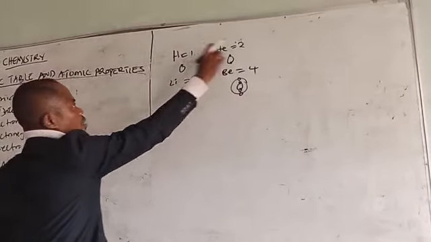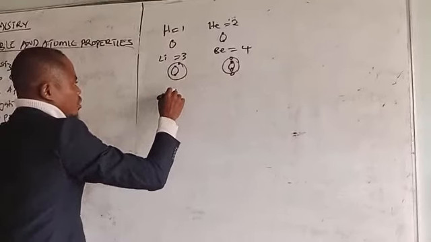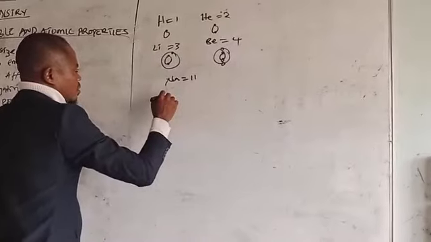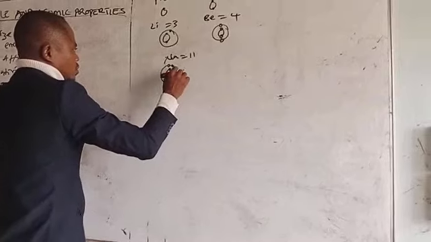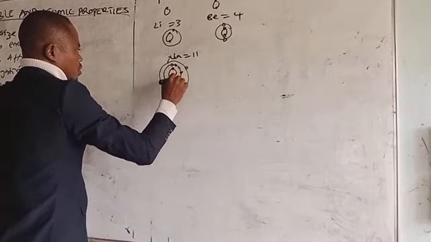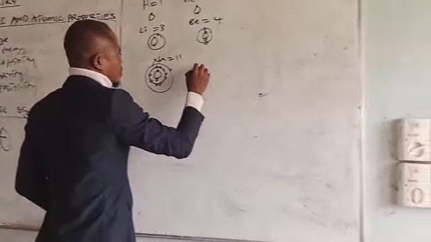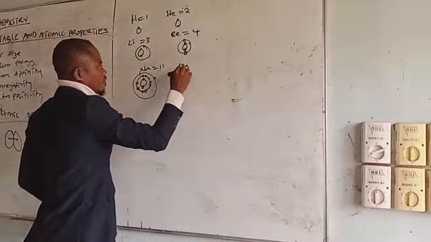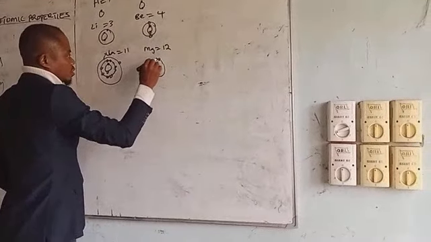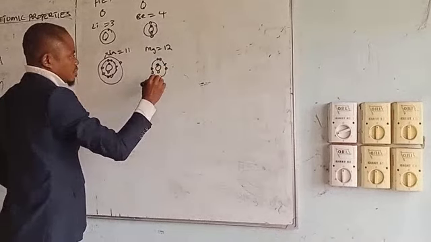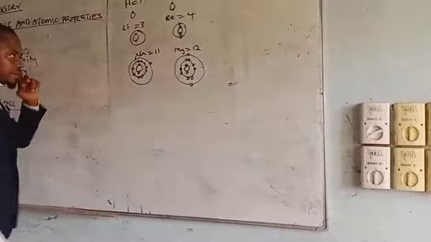This is group 1, group 2, period 1, period 2. In period 3, we have sodium 11, and here we have magnesium 12. Let's stop here.